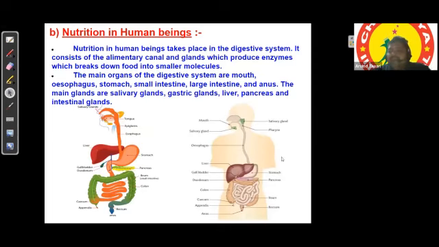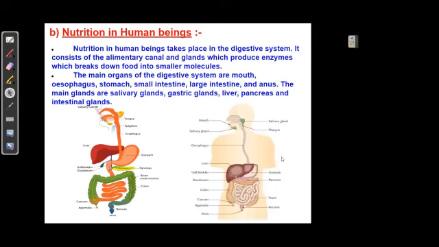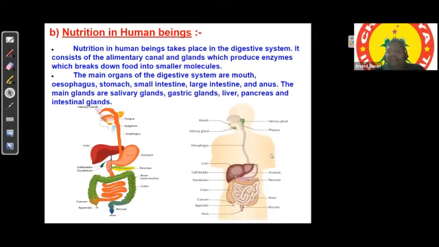Silasya, how many pairs of salivary glands do we have? Sir, will you repeat the question? How many pairs of salivary glands do we have?